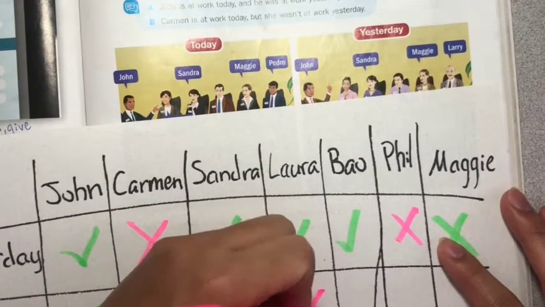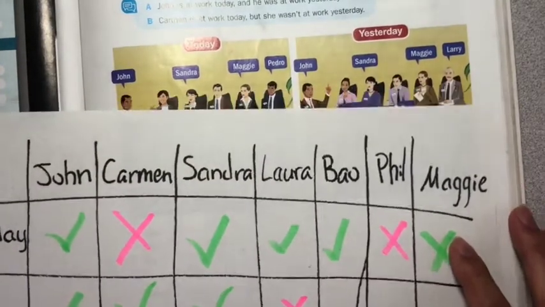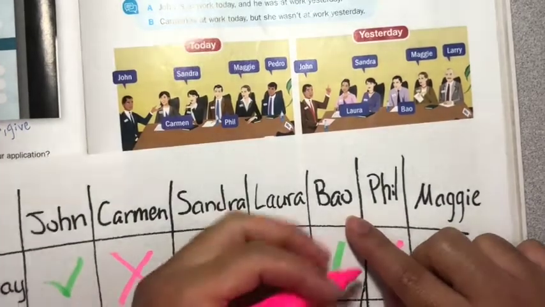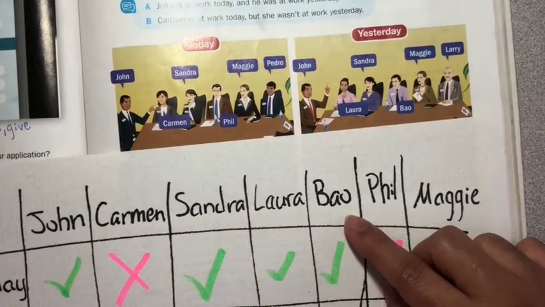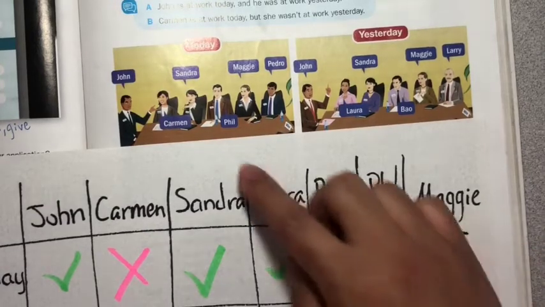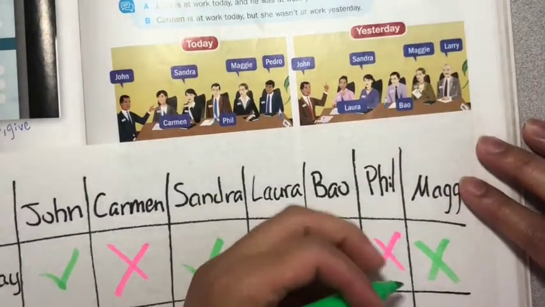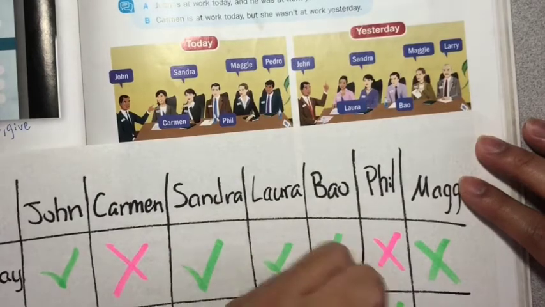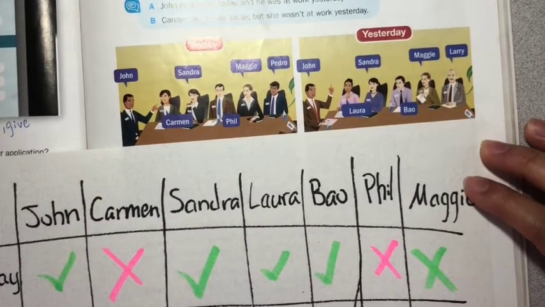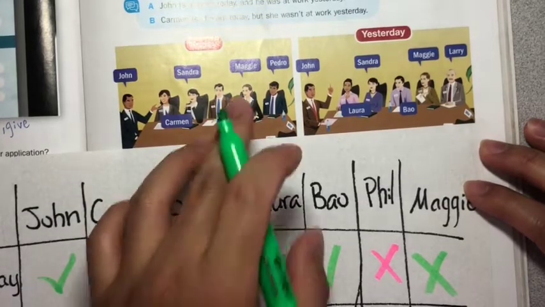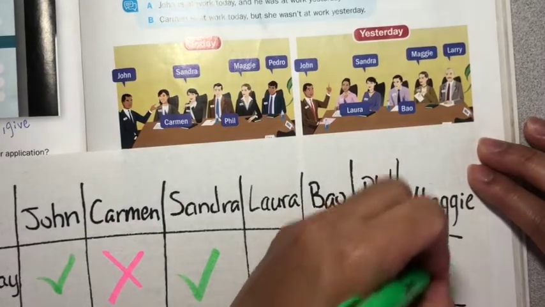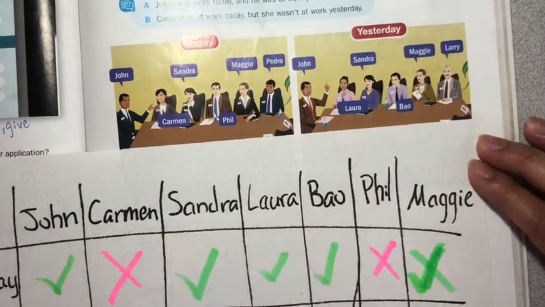She is not at work today. Is Bao at work today? No, he is not. He is not at work today. Is Phil at work today? Yes, he is. Is Maggie at work today? Yes, she is. This is supposed to be a check, not an X. Okay.